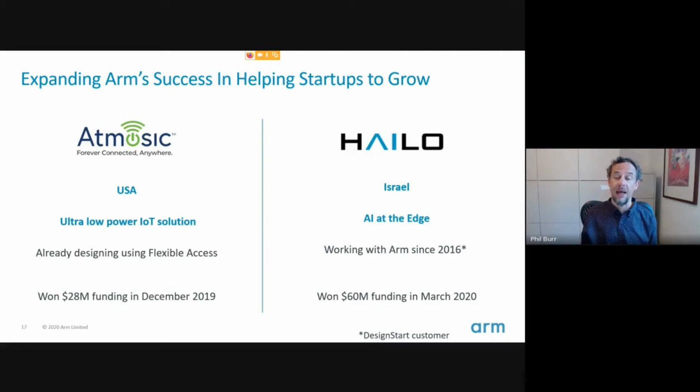They're developing an AI product. They've worked with us since 2016. Started off with a different program that we had called Design Start, and they won $60 million of funding in March 2020. And we've had a whole number of companies or startups that have started with ARM and have since gone on to be really big, successful companies in their own rights, or to be acquired by large silicon vendors.